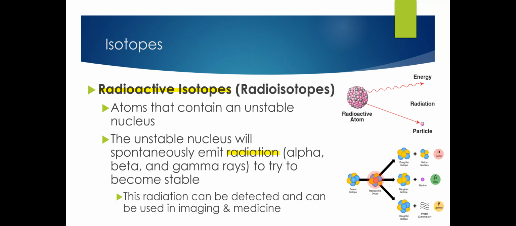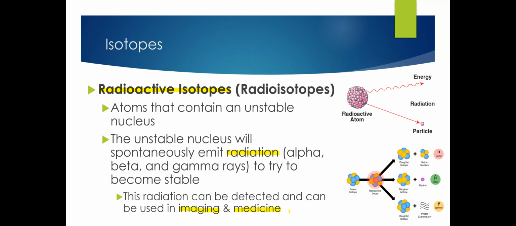Now, you've probably heard of radiation before, and more than likely radiation has a negative connotation because radiation can be very harmful. But we can also use this radiation that's emitted in small amounts. We can use it in imaging techniques like PET scans. We can also use it in medicine. We can use it as tracers and trace chemical reactions through the body.